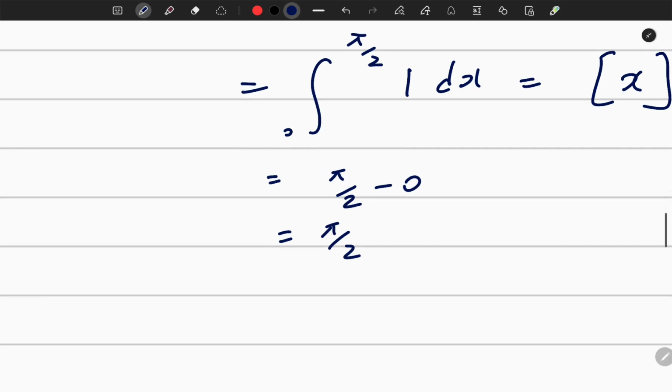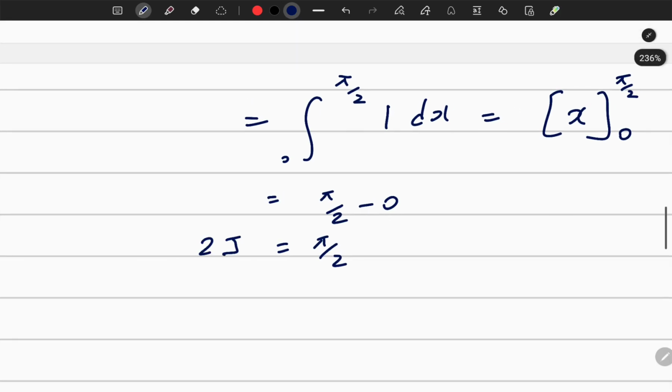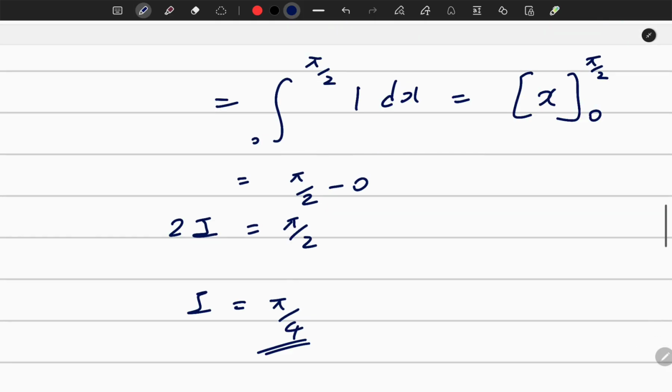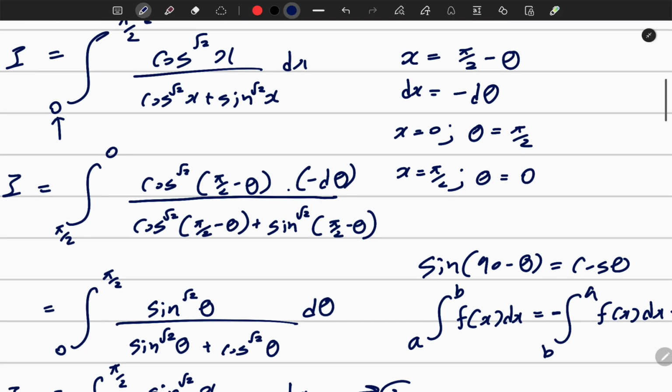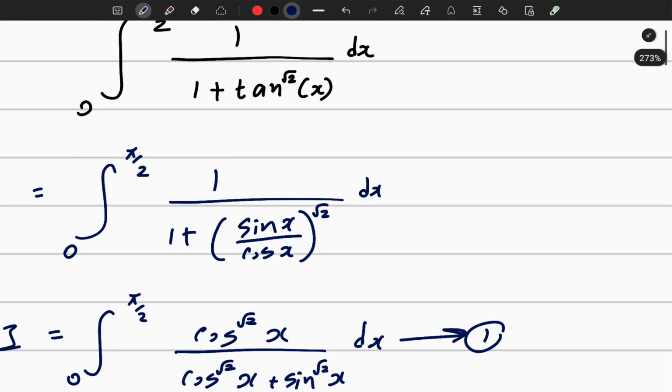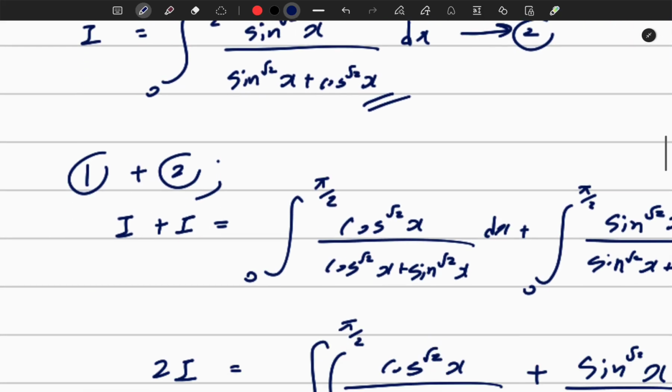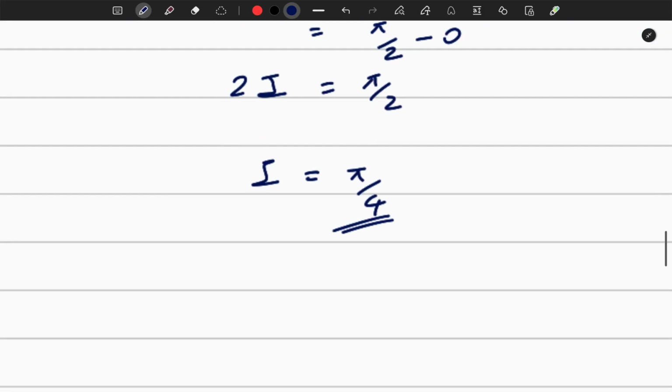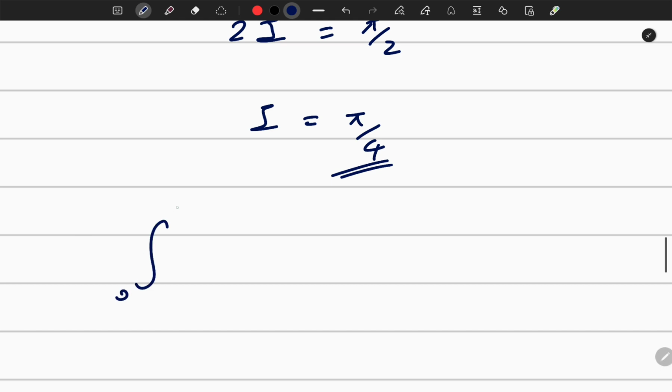So this is 2I, so I becomes 45. The answer for the integral that they gave is this, so the answer should be 45. So the integral from 0 to 90 of 1 over 1 plus tan root 2x dx is equal to 45.